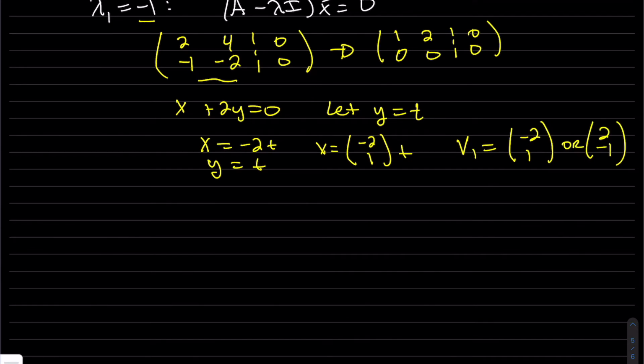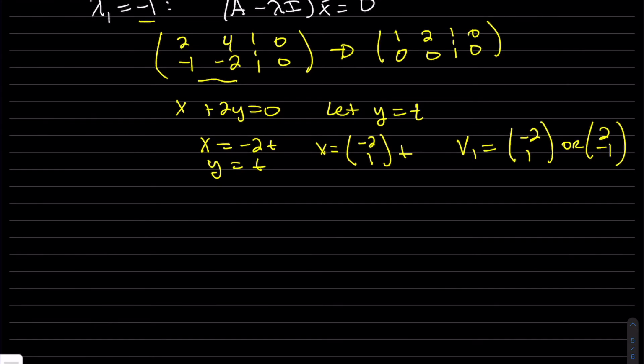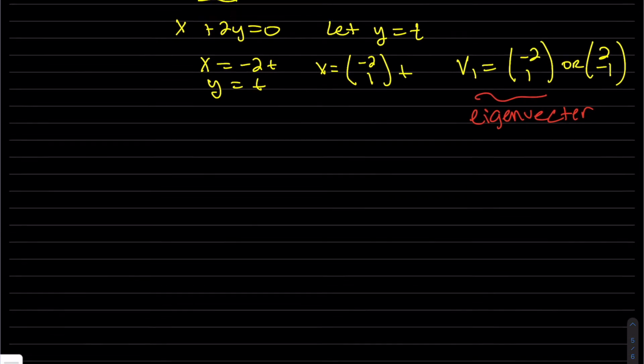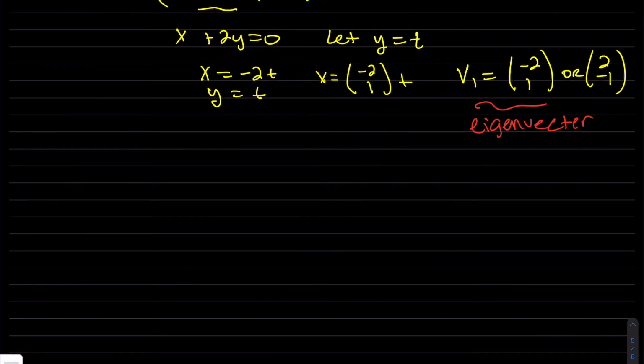If you have fractions here, you can also clear them, but you have to be careful with some of the stuff we're doing today. And this is our eigenvalue. Right, this is our eigenvector. And so since it only produced one, our second eigenvector, we have to use the formula.